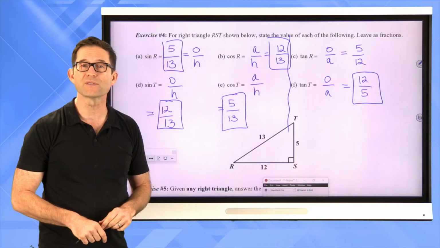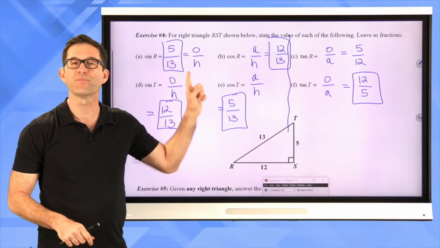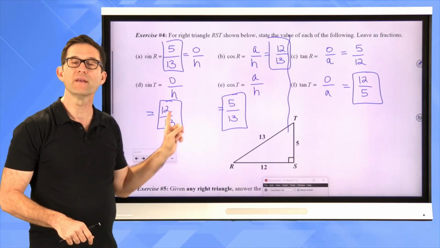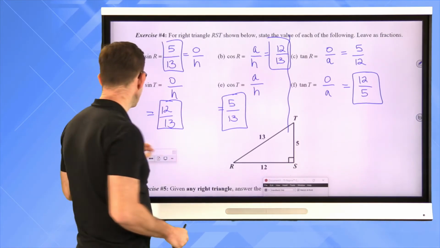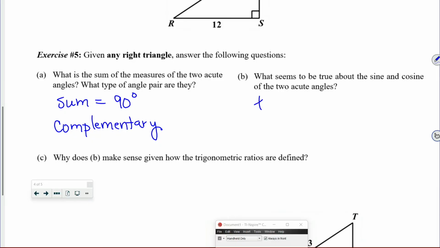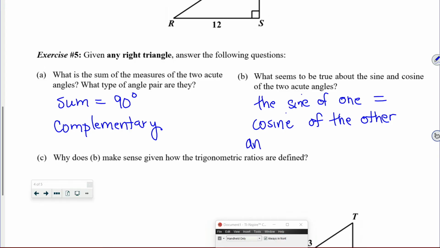Well, what I notice is that the sine of one of them is the cosine of the other, and the cosine of one is the sine of the other. So you might say, a little different ways, that the sine of one is equal to the cosine of the other, and vice versa.